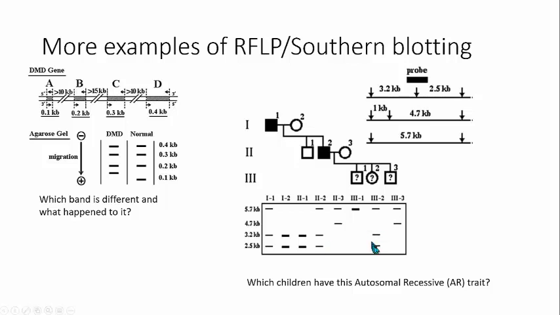So the lower bands are from the father in this case, and the upper band from the mother. So this child has a good 5.7 allele. This child also got a 5.7 allele and a 4.7, but since the father does not have a 4.7, we know that the mother must have given the 4.7 allele and the father gave the 5.7 allele.